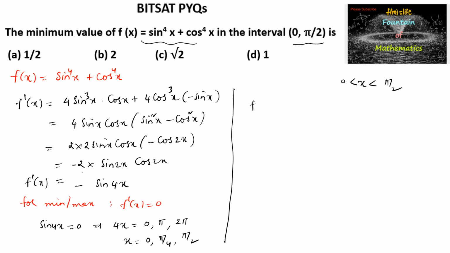And now f dash of x is equal to negative sin 4x, and in the interval 0 to pi by 2 we can assume pi by 4.